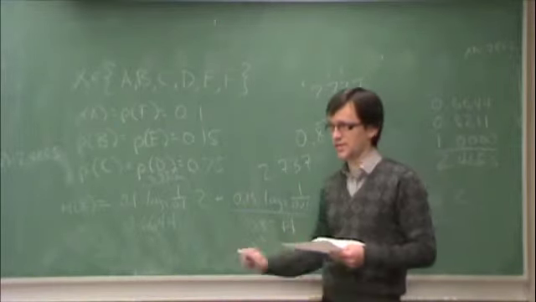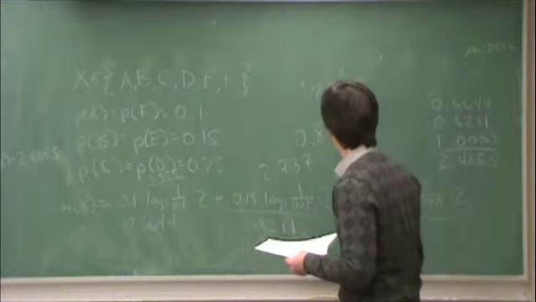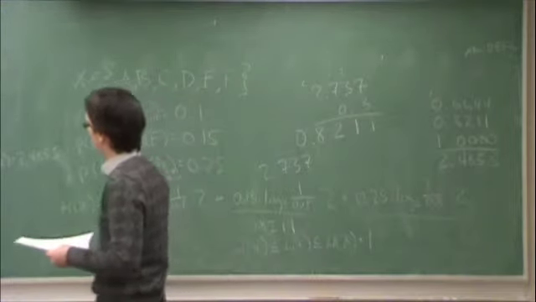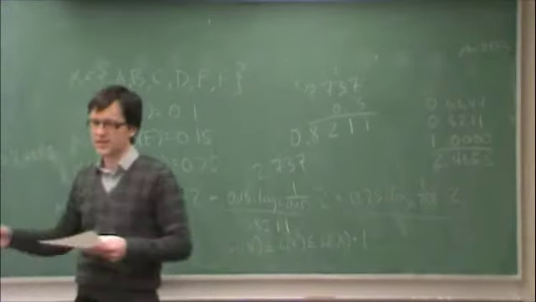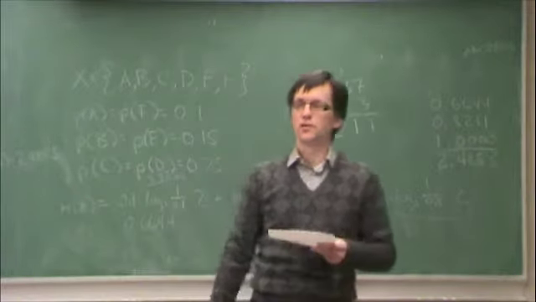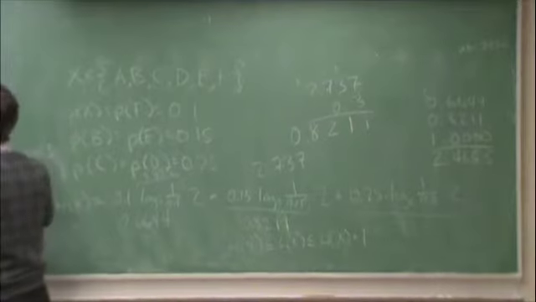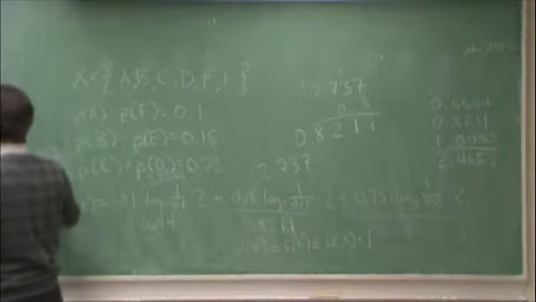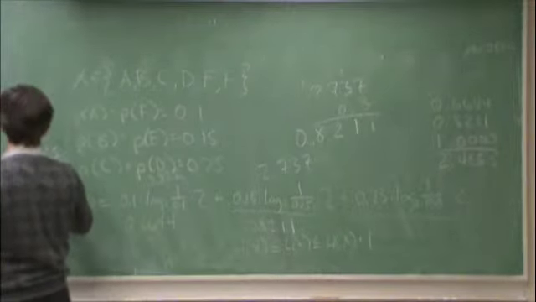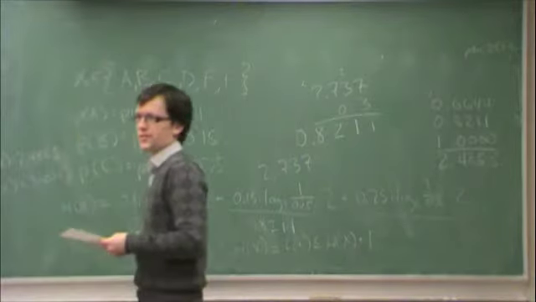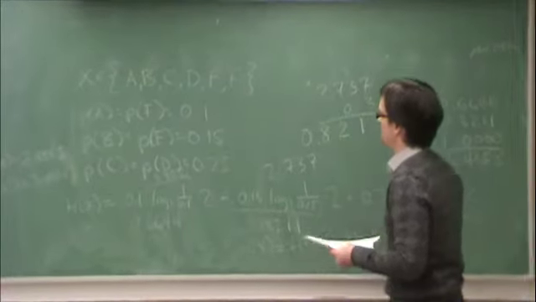So the Huffman procedure, because it finds the optimal prefix code, we must be able to find one with length less than or equal to 3.4855. So let's check and see how we do.